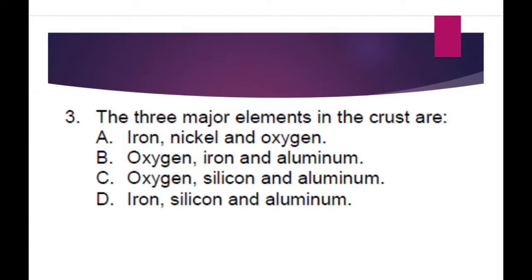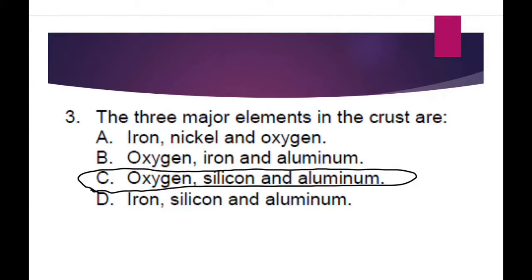Number 3, the 3 major elements in the crust are A, iron, nickel, and oxygen, B, oxygen, iron, and aluminum, C, oxygen, silicon, and aluminum, or D, iron, silicon, and aluminum. The answer is C. The crust is made up of the least dense part of the Earth.